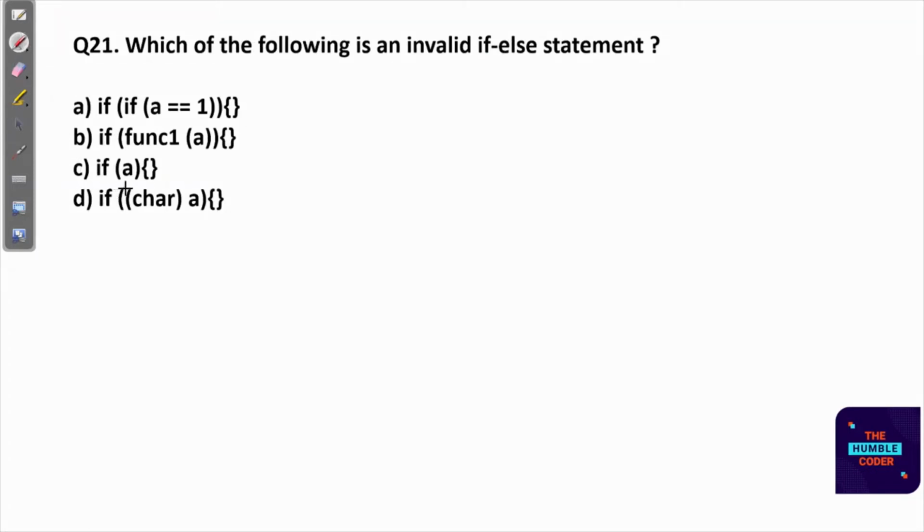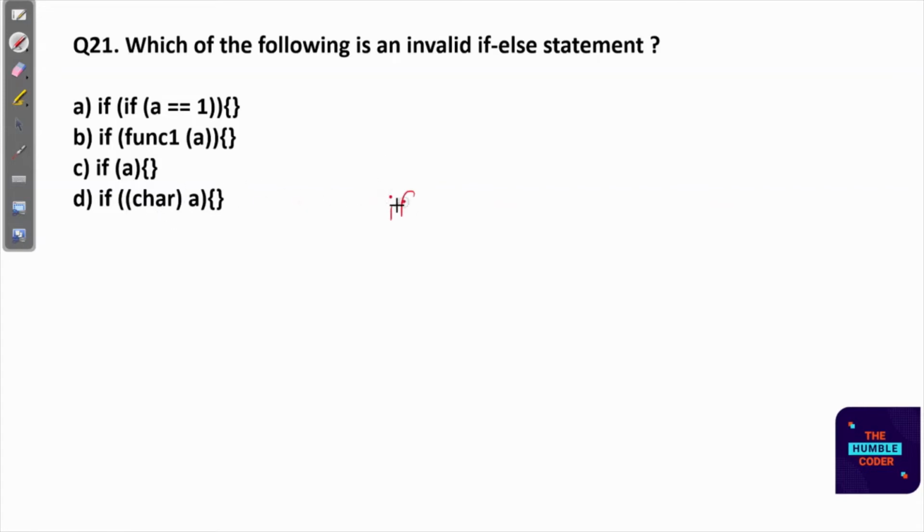Which of the following is an invalid if else statement? We have different if else statements given to us, and we have to find which one is invalid. Let's check all the statements, starting from the last one.